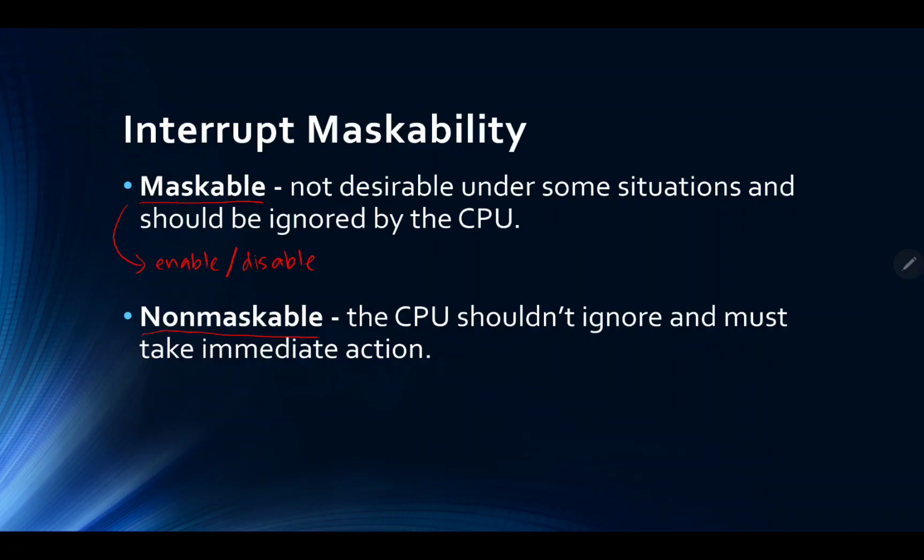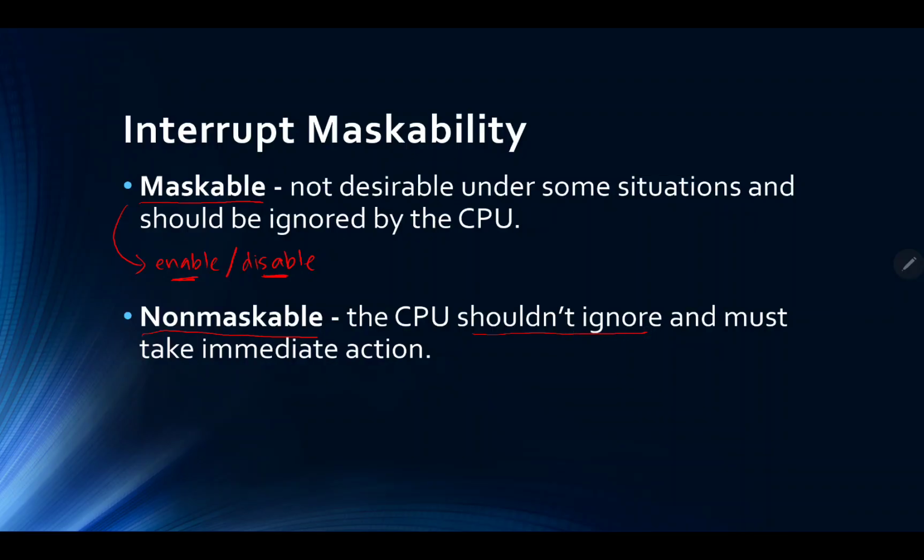Just to give an analogy, say you are studying, doing particular work, writing notes and things like that. Then you receive a phone call. You have a choice whether to attend to the phone call or put it on silent. That is one sort of interrupt. But there is also another type of interrupt which is non-maskable, which means you cannot ignore it.